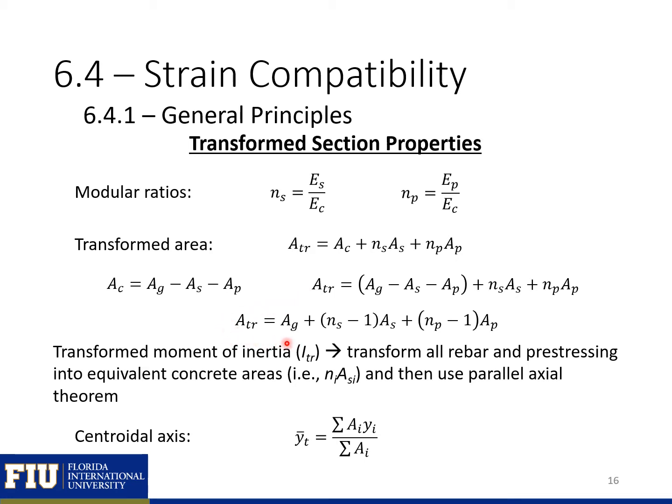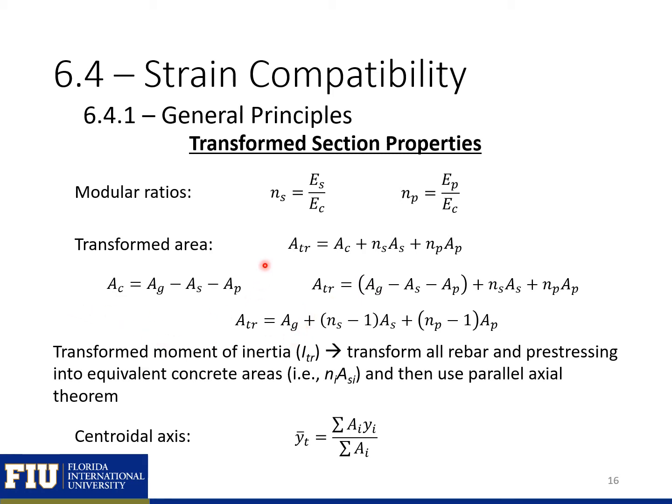A lot of times in pre-stressed concrete, we'll be given the gross section properties. So it is handy to have a gross area in the equation rather than our concrete area. So here you can just see it's n sub s minus 1 times A sub s and n sub p minus 1 times A sub p. And in this equation, we're essentially just taking one area of steel and one area of pre-stressing over here to our concrete area to give us the gross area.